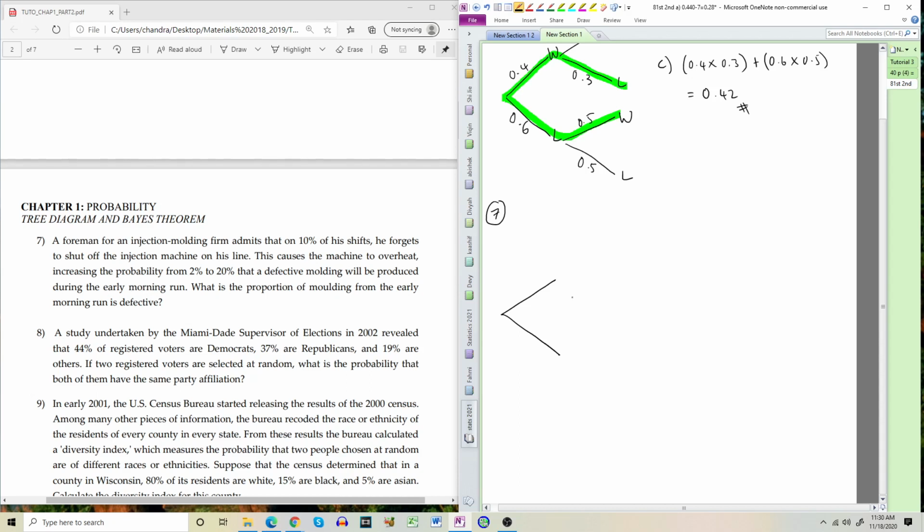This caused the machine to overheat, increasing the probability from 2% to 20% that defective molding will be produced.